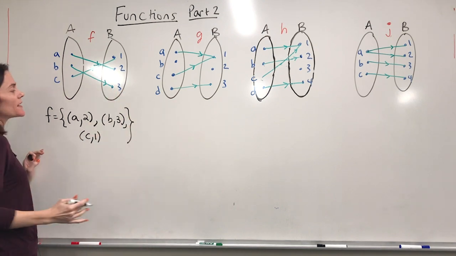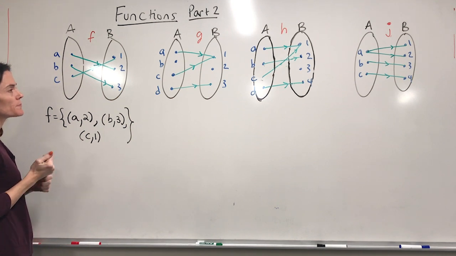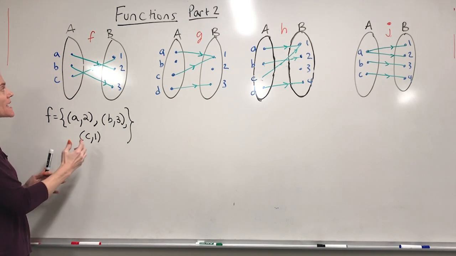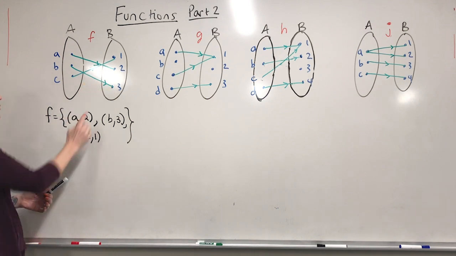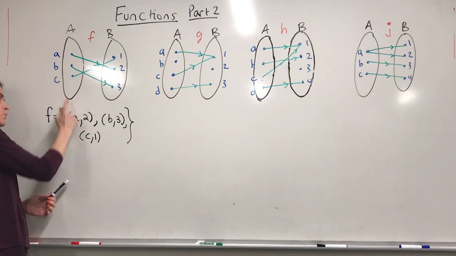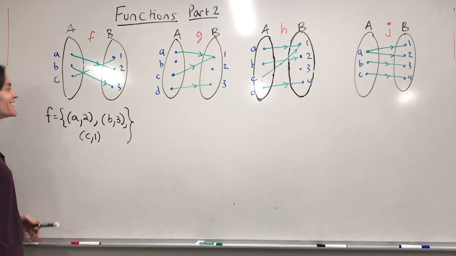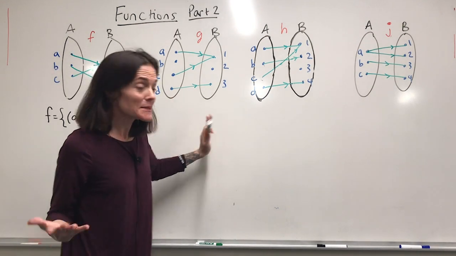And you could do that for any of them. We discussed this both in class and briefly in the last video, how you go from a picture like this to a set of ordered pairs. The arrow means that the one over here relates to the one over here. And all of these are relations from a set A to some set B.